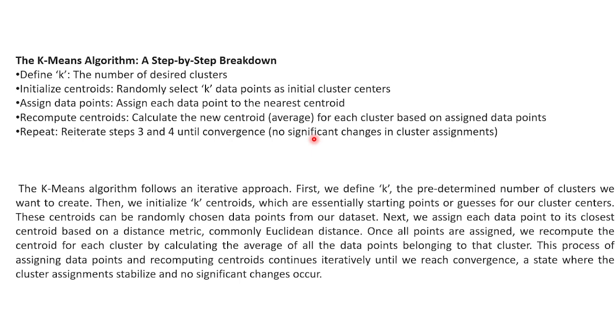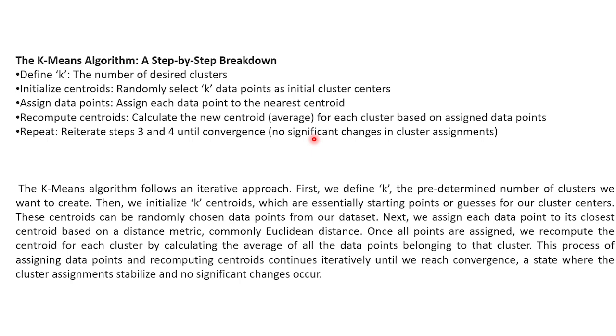You can select any random point. Assign data points: assign each data point to the nearest centroid. Recompute centroids: calculate the new centroid, the average for each cluster, based on assigned data points. Repeat steps 3 and 4 until convergence, with no significant changes in the cluster assignment.